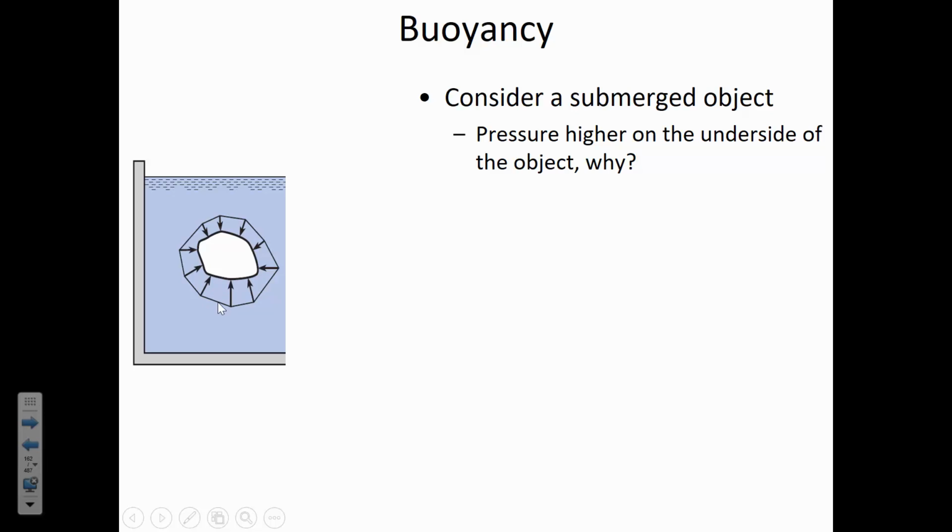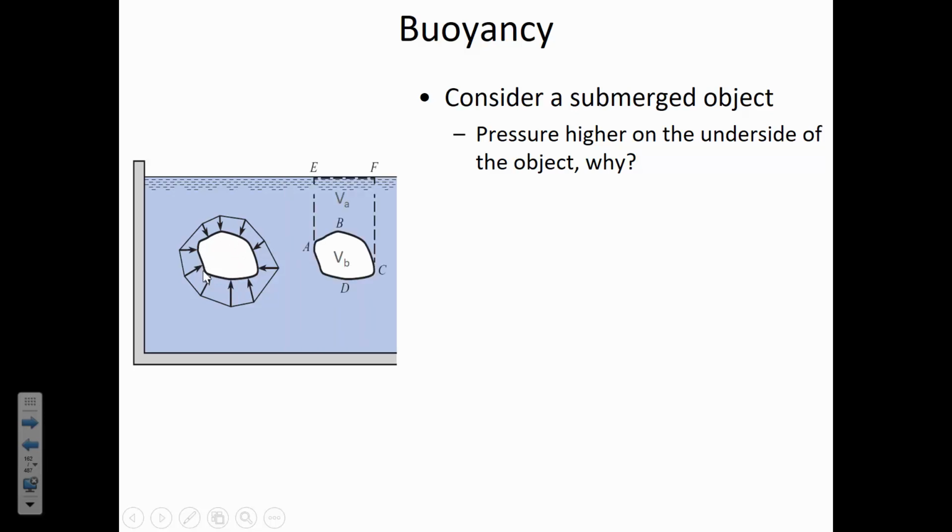But just think about it: the pressure magnitude on the bottom side of this object is going to be larger than the pressure on the top, because it's deeper down in the water, so the pressure is greater. That means the difference between the pressures acting from above and from beneath is such that it would cause it to float up to the surface, depending on the weight of the object.